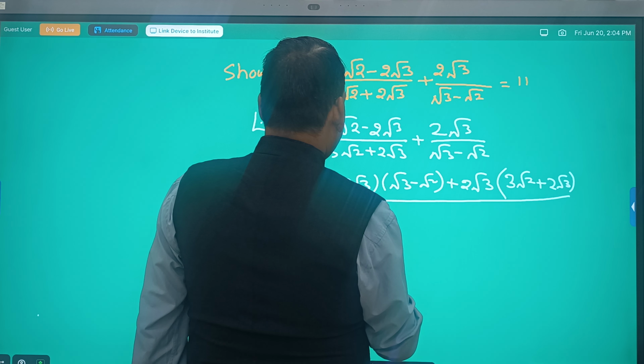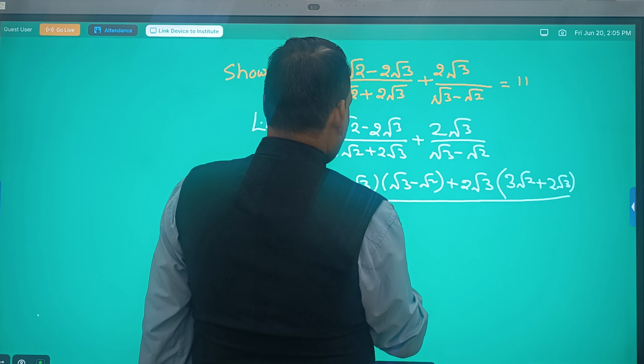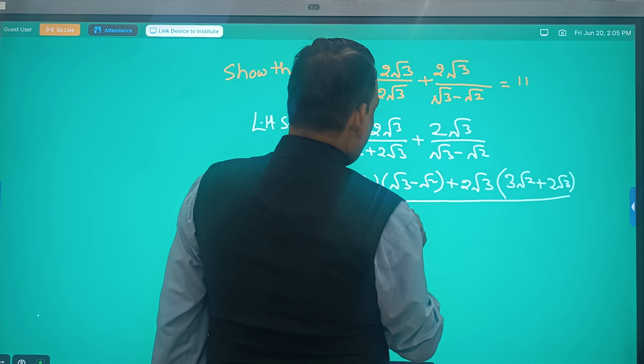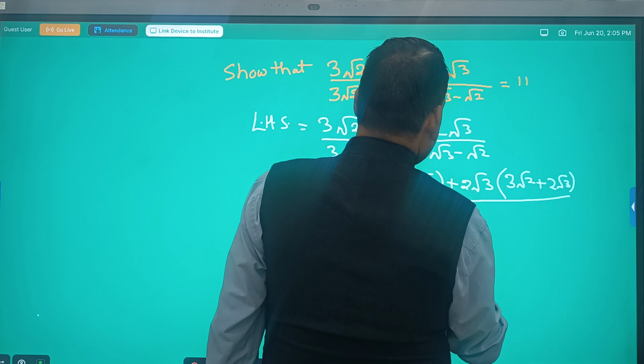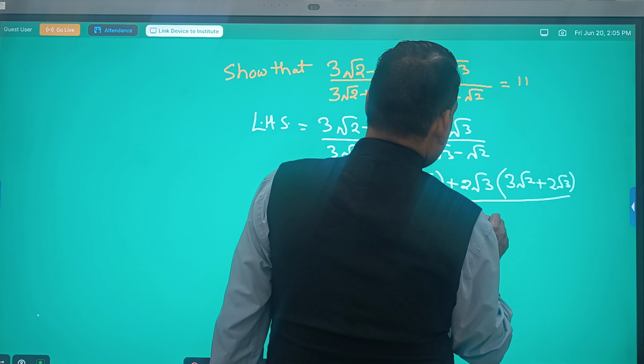and the whole denominator will now be (3 root 2 plus 2 root 3) into (root 3 minus root 2).